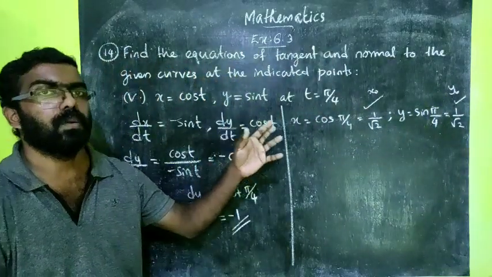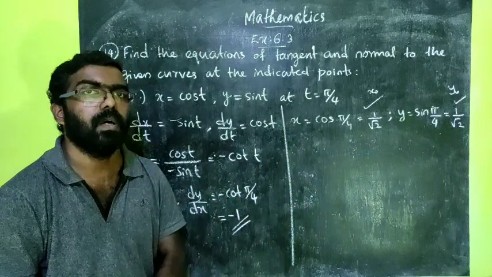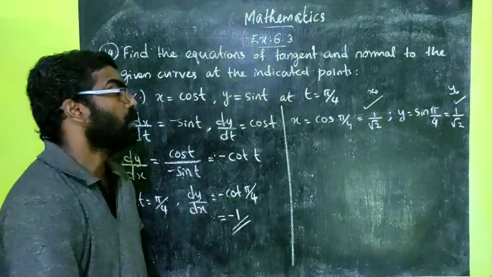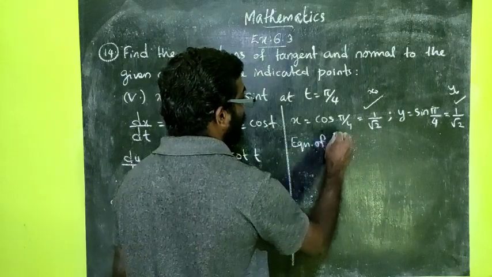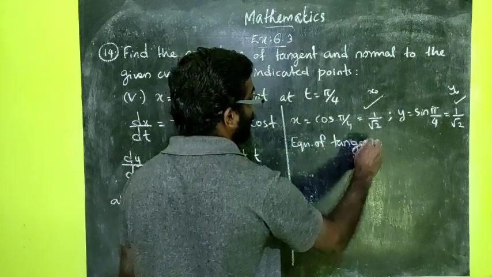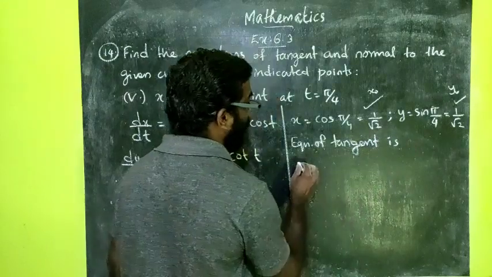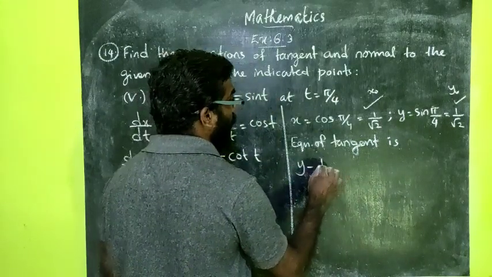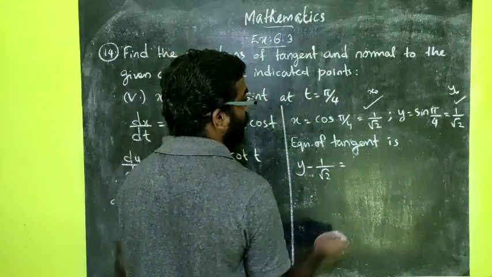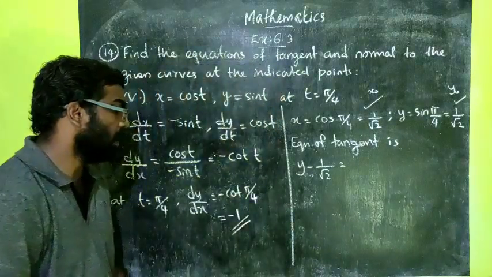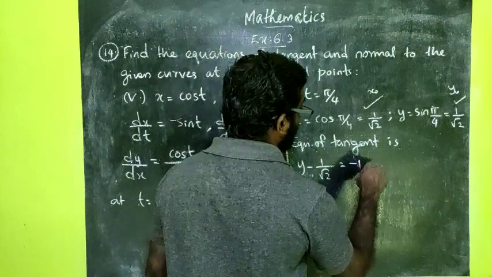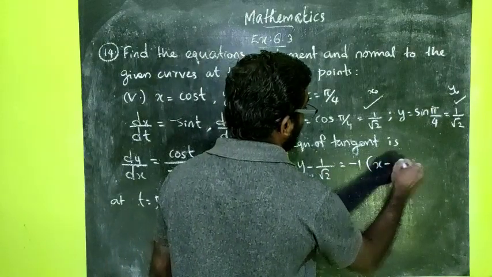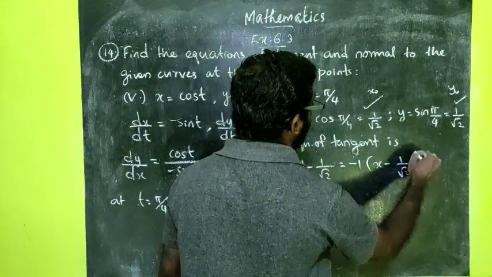Okay, x0 is 1 by root 2 and y0 is also 1 by root 2. So equation of tangent is y minus y0, that is y minus 1 by root 2, is equal to f dash of x0, that means dy by dx. Here dy by dx is minus 1. So minus 1 into x minus x0, x minus 1 by root 2.